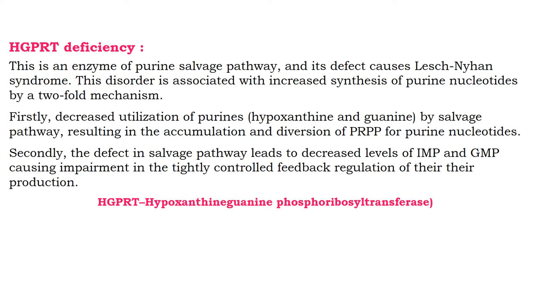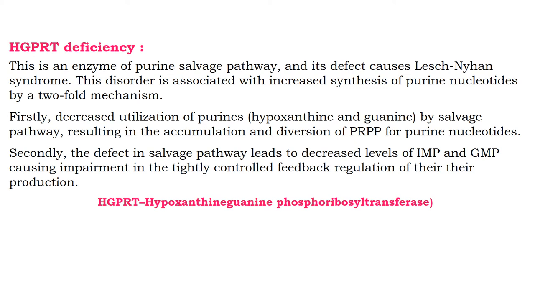This is an enzyme of the purine salvage pathway, and its deficiency will cause Lesch-Nyhan syndrome, as we have been discussing. This disorder is associated with increased synthesis of purine nucleotides by a twofold mechanism. If there is no HGPRT enzyme, then definitely we are going to increase the concentration of purines.